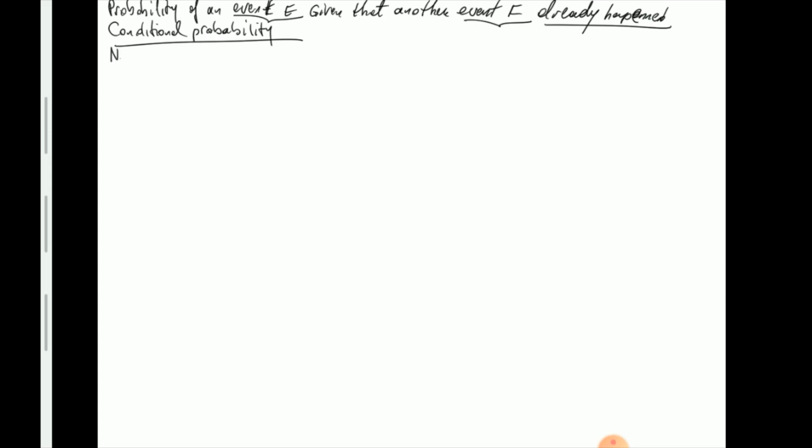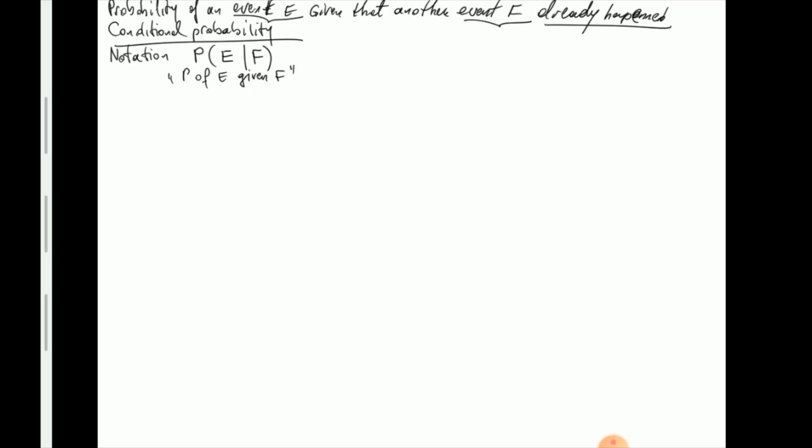The notation, which you'll have to get used to from now on, is the probability of E, vertical bar, F. Whatever comes after the vertical bar is "given that." So you read this as the probability of E given F, given that F already happened.